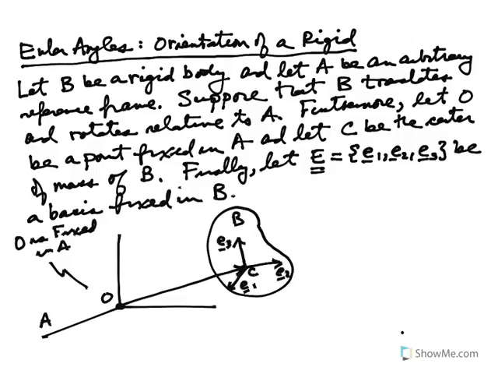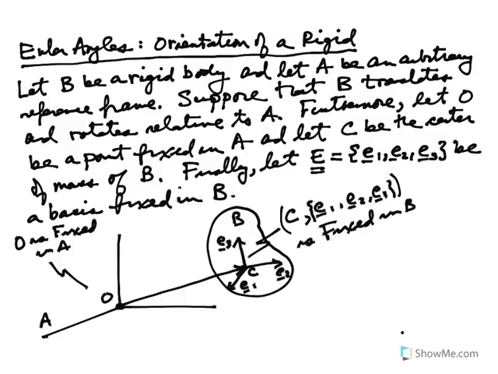So the point C, together with the basis E1, E2, E3, is fixed in B. So that whole thing is fixed in B.